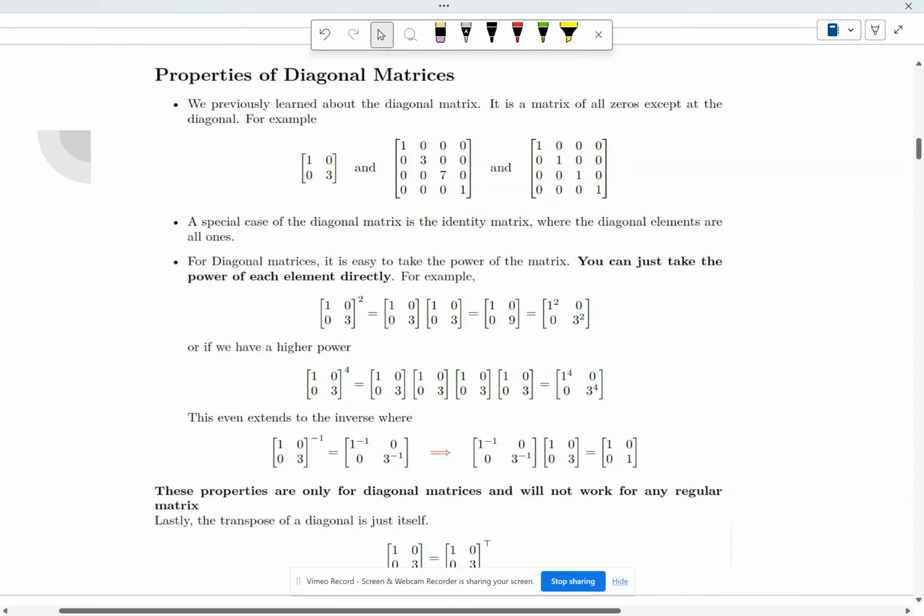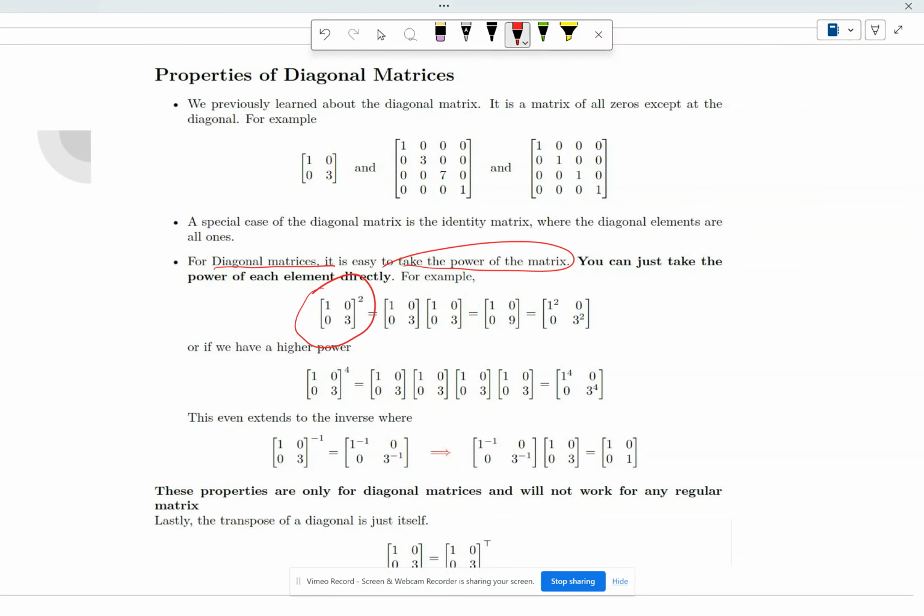For a diagonal matrix, it's really easy to take the power of the matrix. If you square a matrix, that's equal to the matrix multiplied by itself. When you do that with this one, it's equivalent to 1, 9.